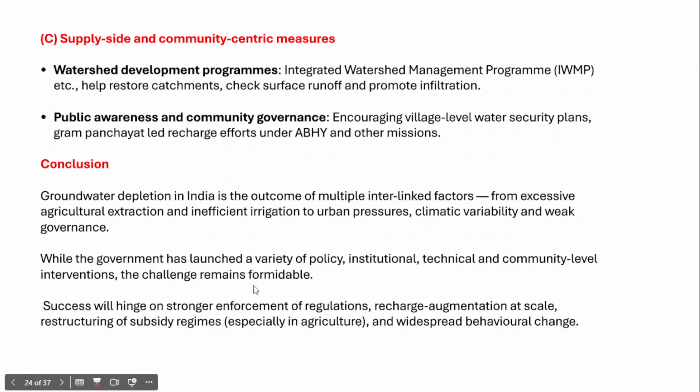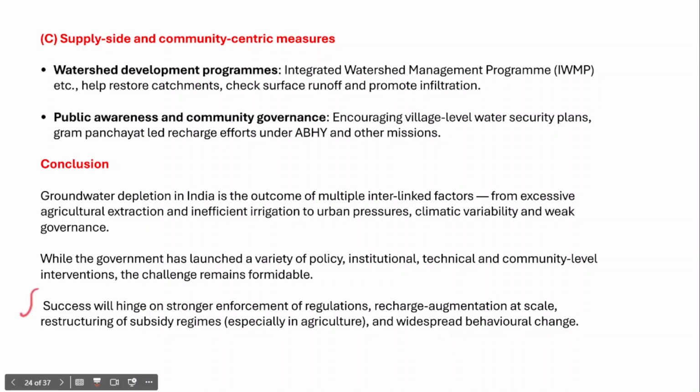The challenge remains formidable, right? Therefore the success of sustainable groundwater management depends on enforcement of the regulations, recharge augmentation at scale, restructuring the subsidy regime, the electricity subsidy being given to the farmers, and widespread behavioral change.